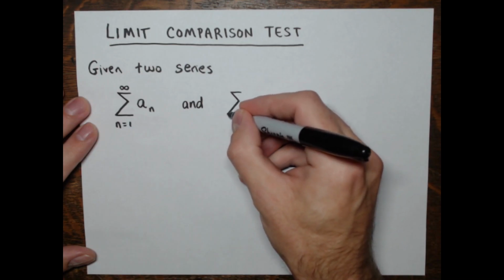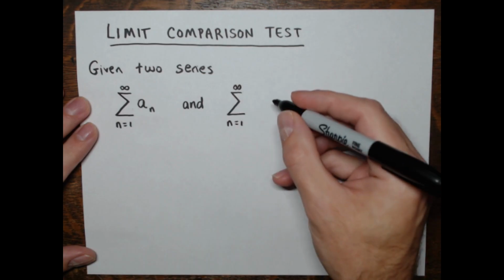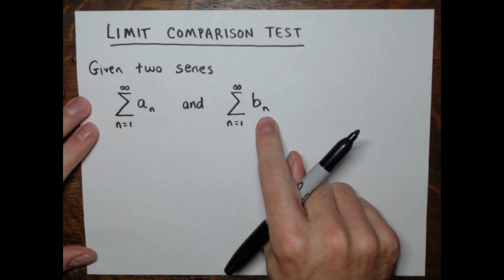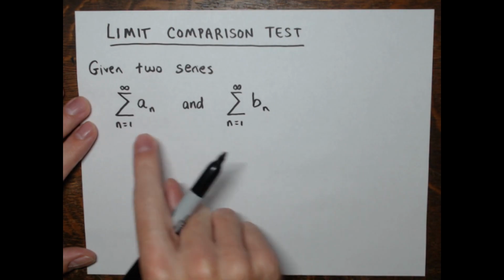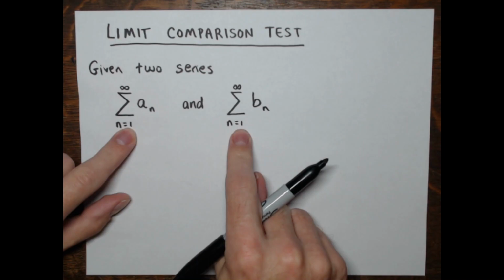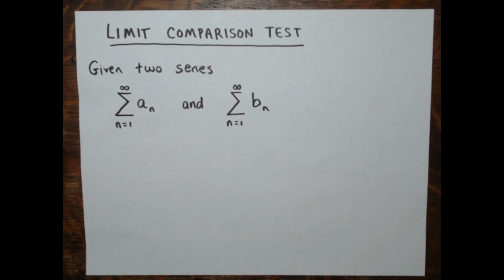And another series, sum from n equals 1 to infinity of the terms of some other sequence called b sub n. All right, and we'll have them starting at the same point. Now again, these could be 1 or 0 or some other integer, capital N, but as long as they're going from some integer out to infinity.